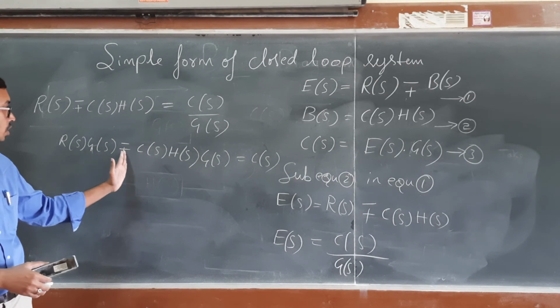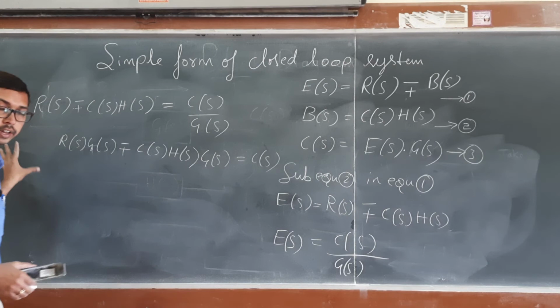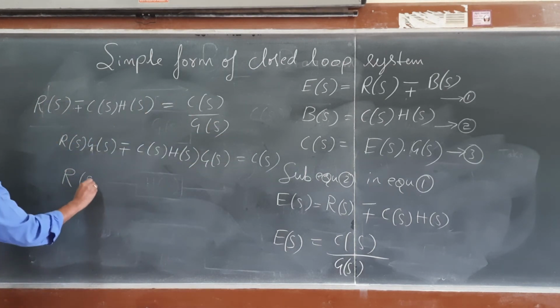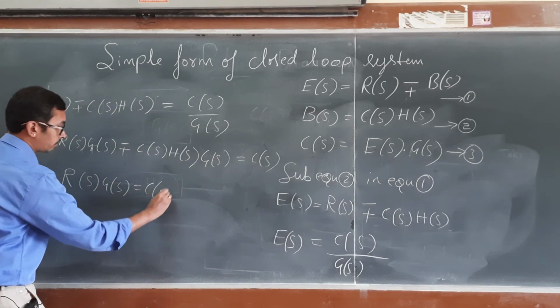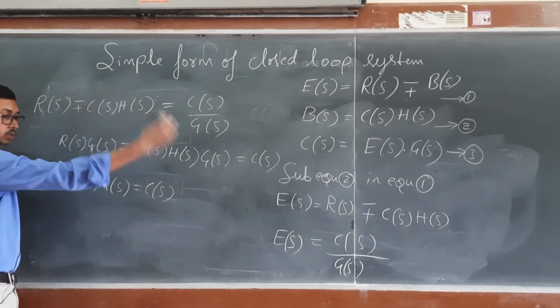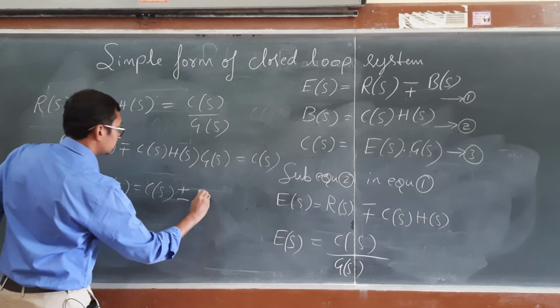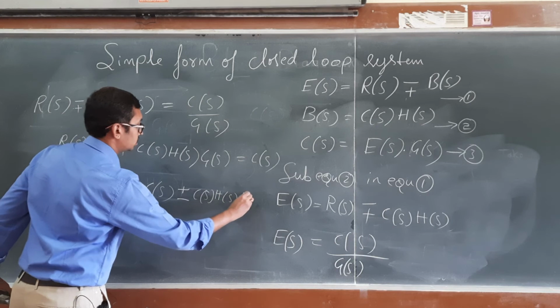I can transfer this C of S from the left side to the right side. So this can be written as R of S into G of S is equal to C of S. Here the symbol is minus R plus. If I transfer that one, that will become plus R minus C of S H of S G of S.